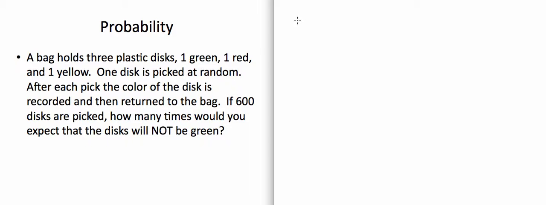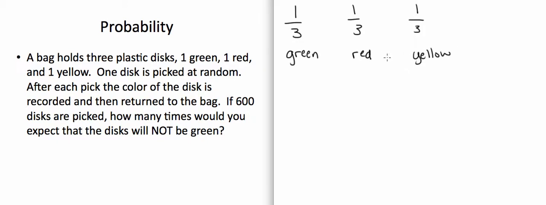So basically what that means is we have a 1 in 3 chance for green, a 1 in 3 chance for red, and a 1 in 3 chance for yellow. There's 3 discs, 1 of each, so there's a 1 in 3 chance of each.